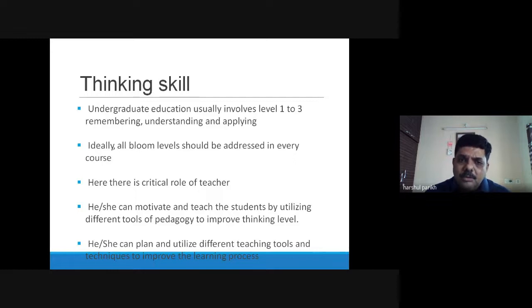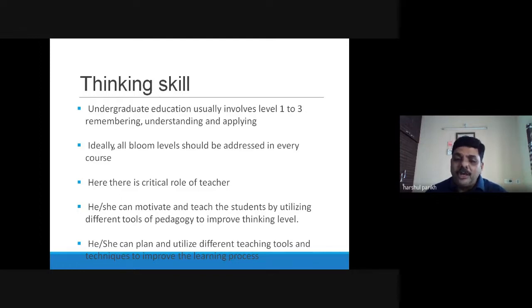So in teaching, in thinking skill development, the role of the teacher is very critical. The teacher can employ such methods to motivate and teach the student by utilizing different tools of pedagogy to improve the thinking level.